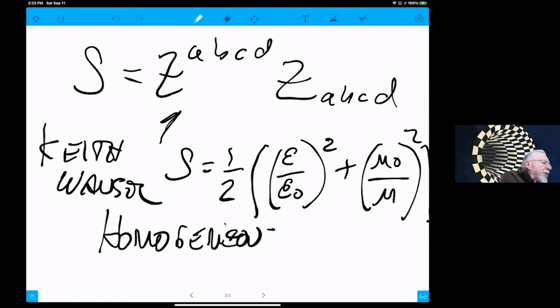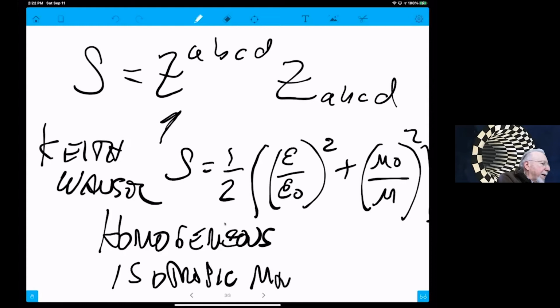This is true for any homogeneous isotropic material. Now notice one thing, this is Keith's discovery. Mu is the magnetic permeability. When mu goes to 0, this thing goes infinite.